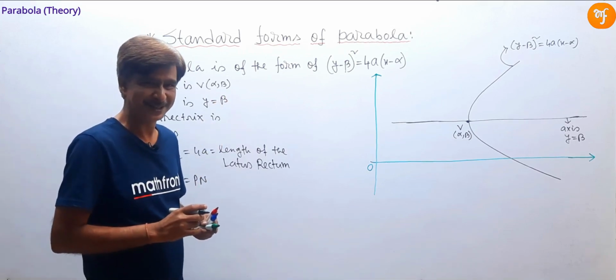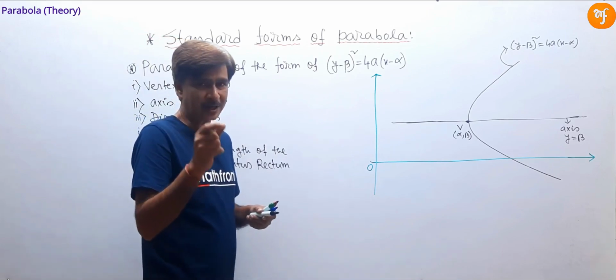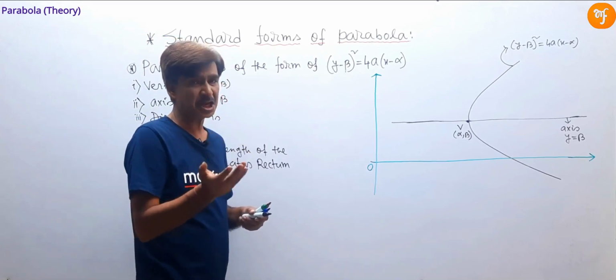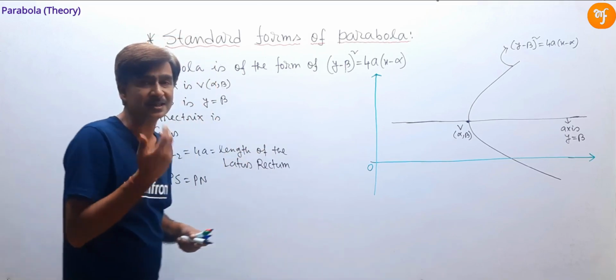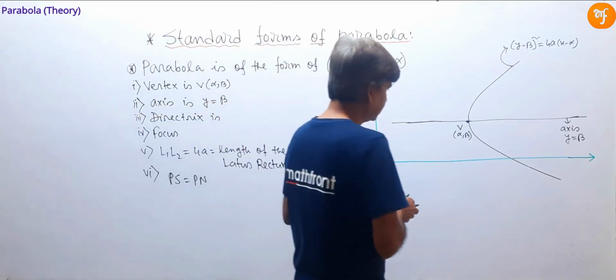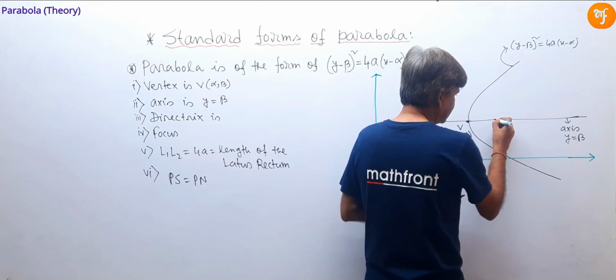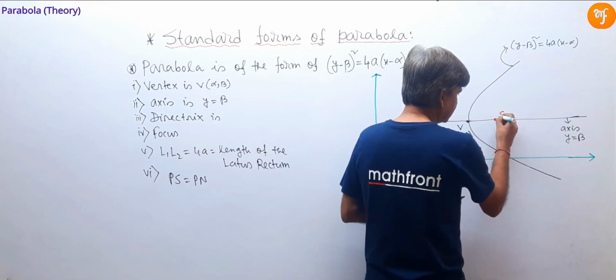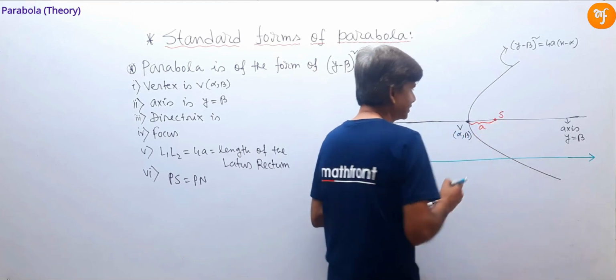Understand? Clear? Now definitely the focus is at a distance of a units from the vertex, and we know the focus always lies on the axis of the parabola. So we can consider this is the focus, and it is at a distance of a units from the vertex.